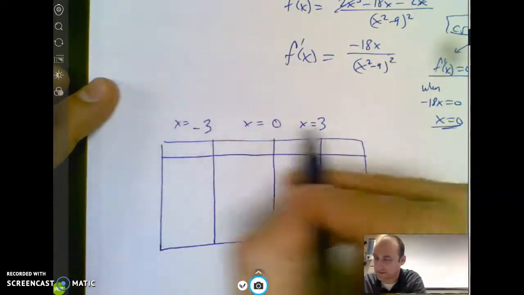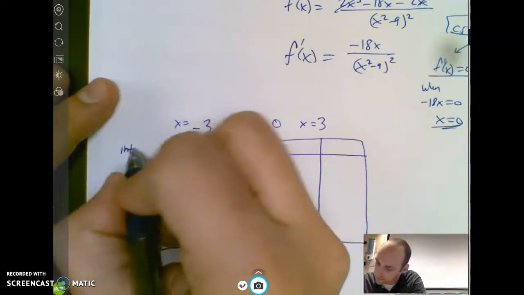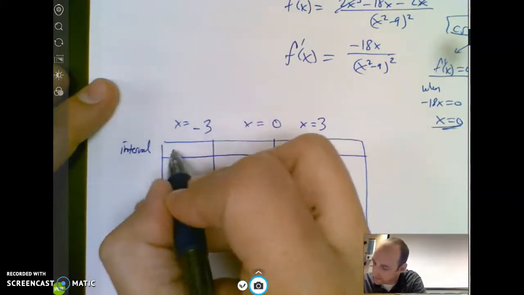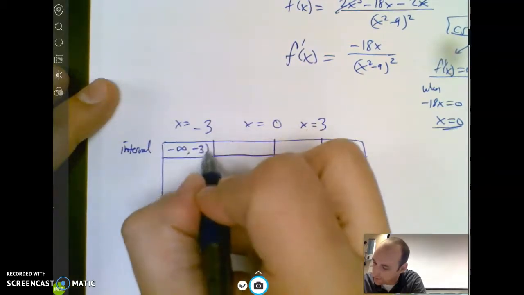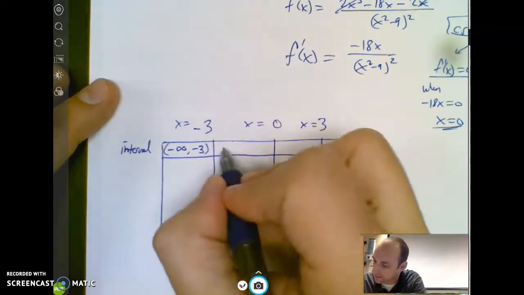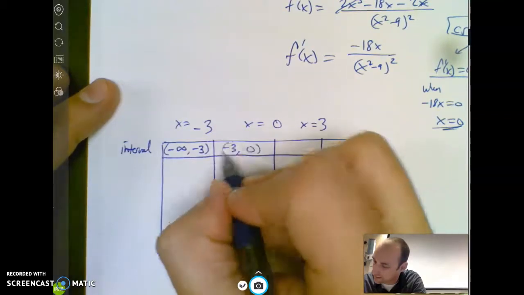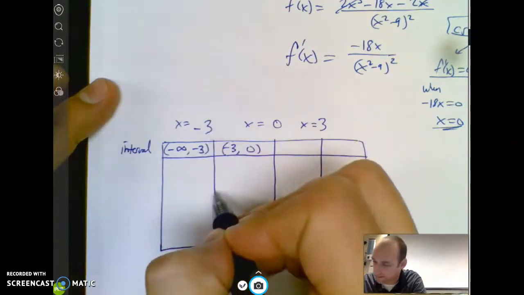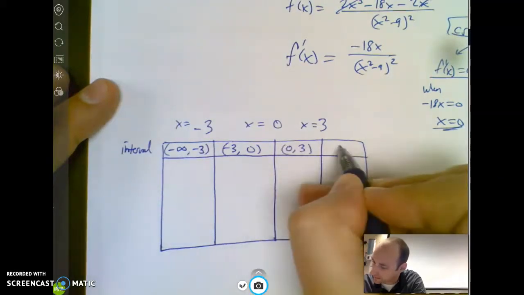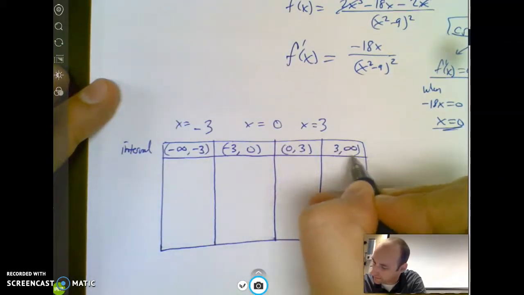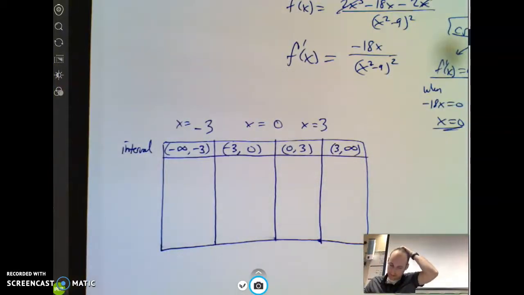You want to think of this like a number line. From negative infinity to negative 3, my graph is going to behave one way. From negative 3 to 0, I'm just using these as my breakpoints. From 0 to 3, and from 3 to infinity. So I'm going to basically have some craziness going on here.